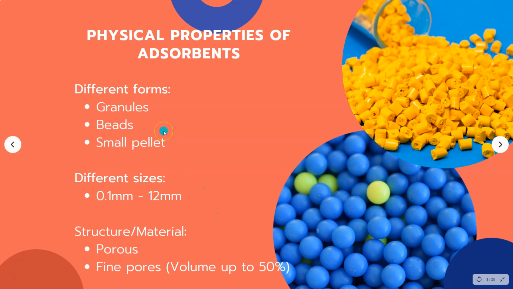This is the general physical properties for adsorbent. As you can see, there are a few types of adsorbent, such as granules, beads, and also small pellets. These different forms also come with different sizes, as small as 0.1 millimeter to 12 millimeter, or around 1.2 centimeter.